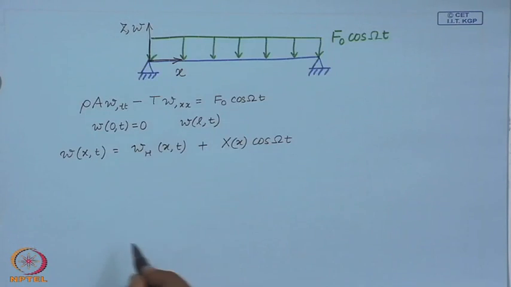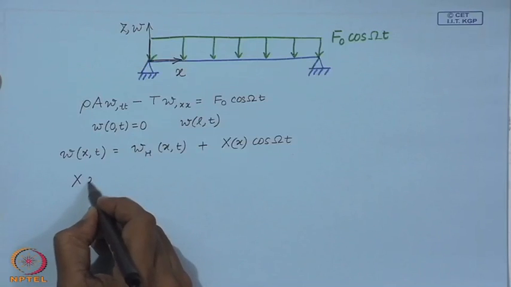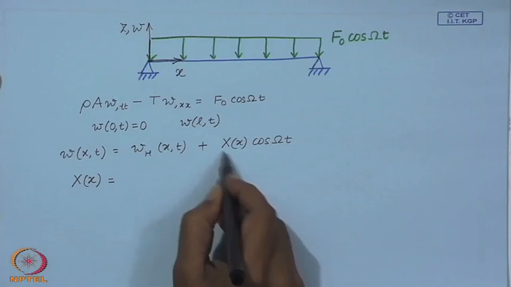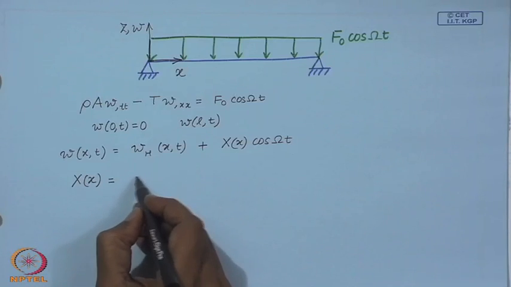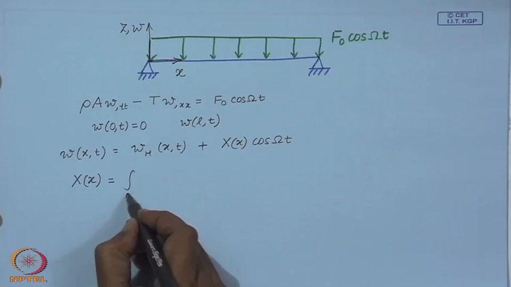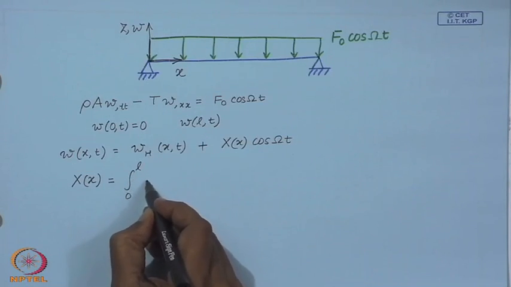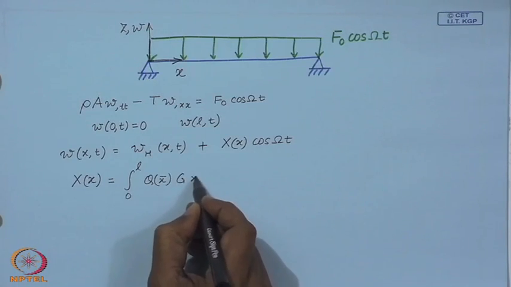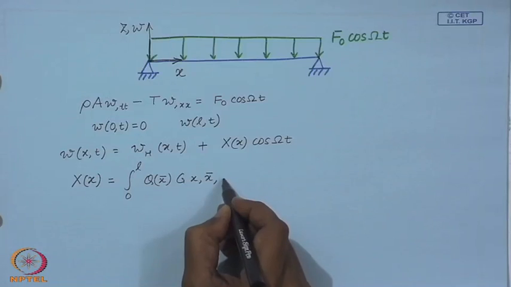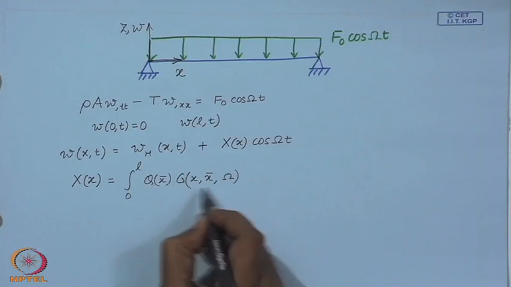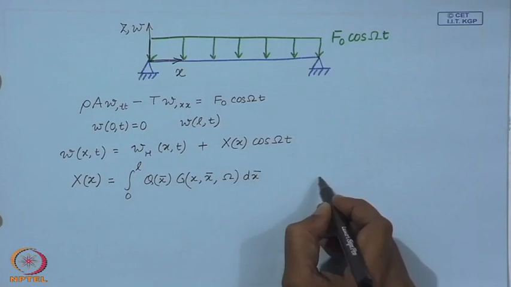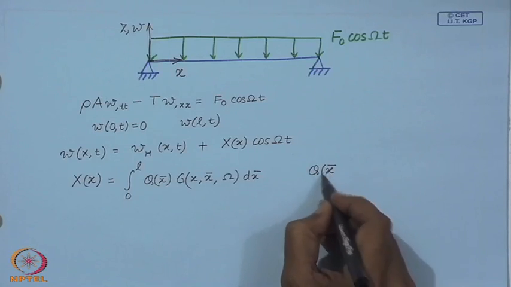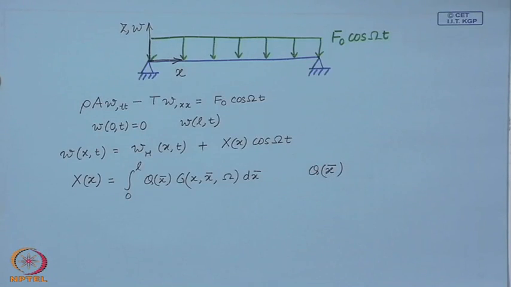We have already derived the Green's function, and we need to solve for this amplitude function of the particular solution by performing this integral, in our case q of x bar.